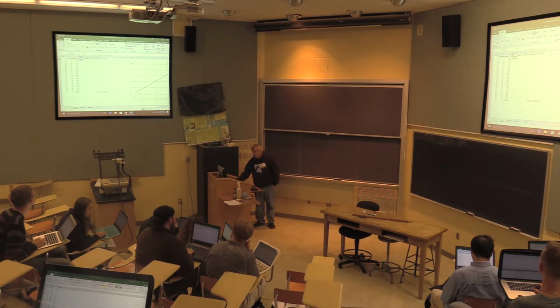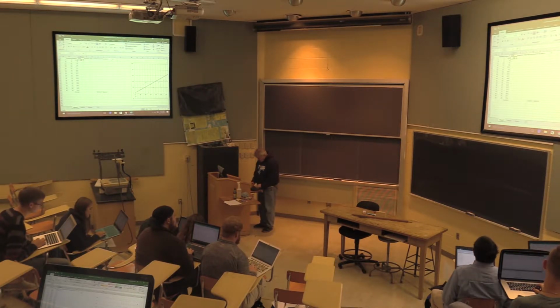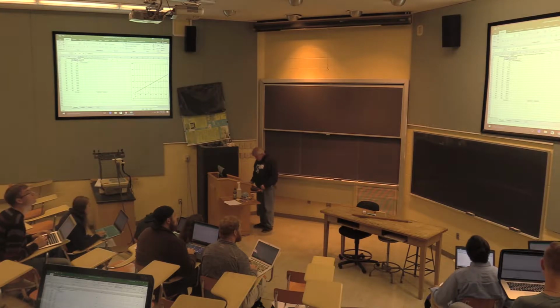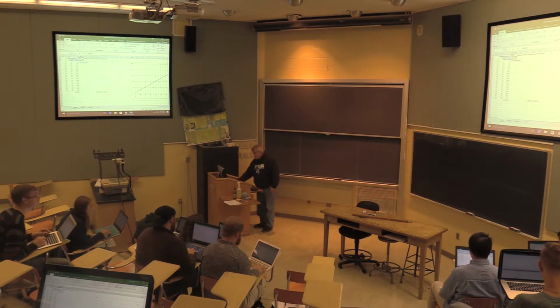And so to get that error, here in V2, we're going to type in equals ABS. We just want how big it is, not the direction. We want ABS, and we're going to do the actual minus the predicted, and close that parenthesis.